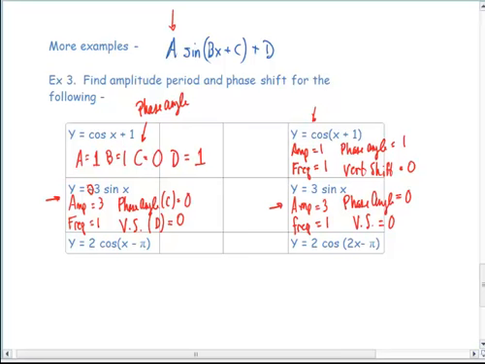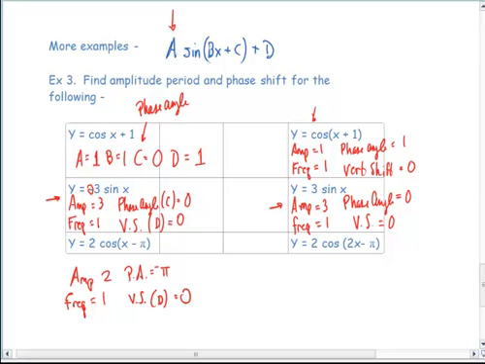The last problems here, I'm going to just work with you. The amplitude in this one is going to equal 2. The frequency is equal to 1. The phase angle, I'll just abbreviate PA, is equal to pi, or negative pi, and the vertical shift, which is the d value, is equal to 0.